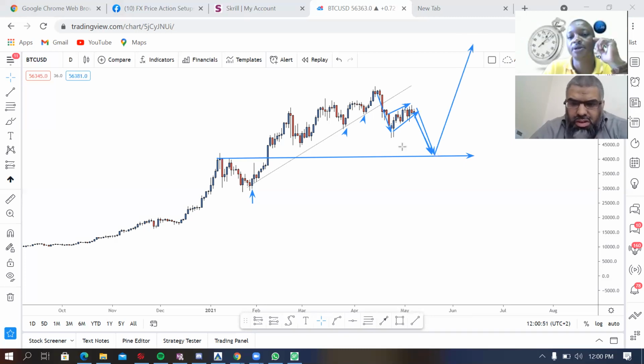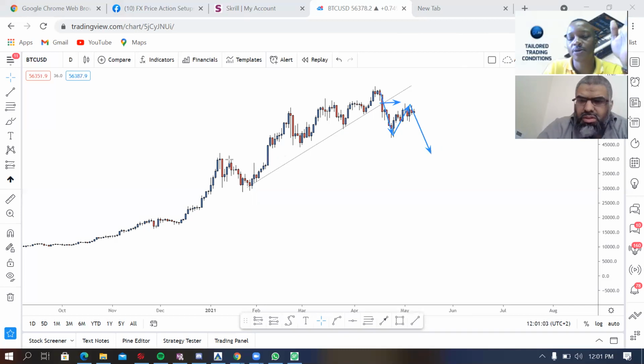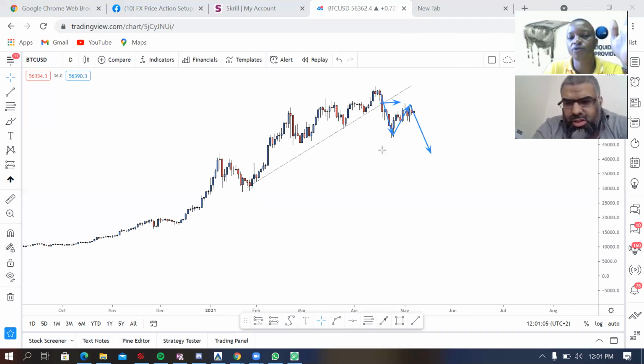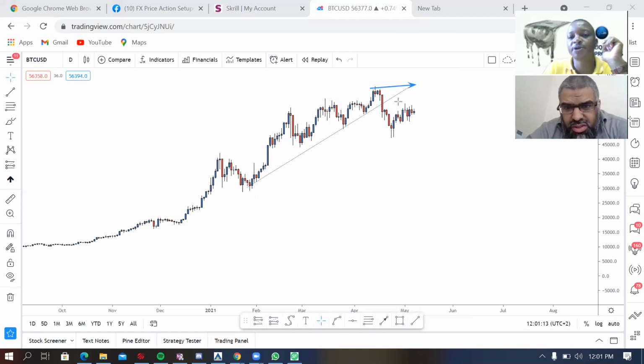For now, we're gonna be selling because of this change of structure here, price broke here. What happens after a breakout? Price will retest. What happens after the retest? Price will go down to that level there. Does it not go back to the trend line then? No. Remember, we got a 61.8 somewhere here.